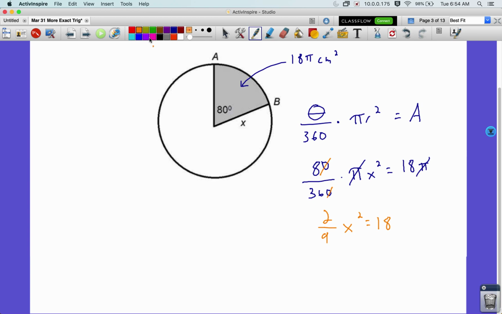To get rid of a fractional coefficient, you can multiply by its reciprocal, so multiply by 9 over 2, and I get x squared equals 18 times 9 over 2.